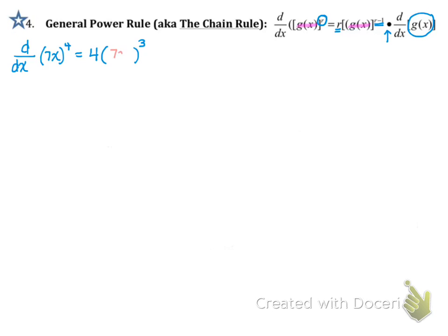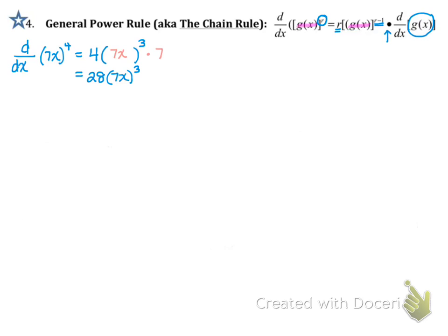It stays 7x. Then we multiply by the derivative of the inside. If we did the power rule with 7x, we would just be left with 7. And then we're going to simplify this and say 28 times 7x, quantity to the third.